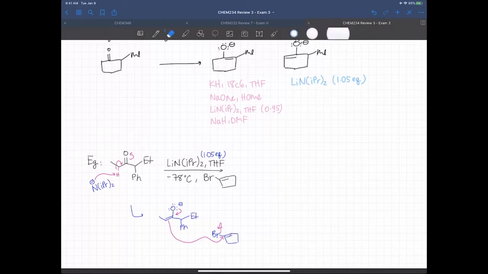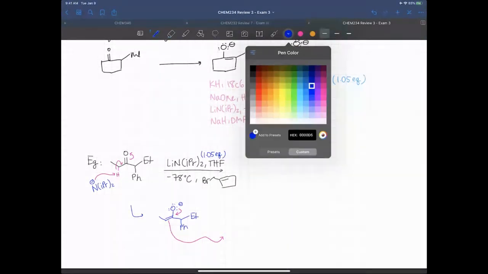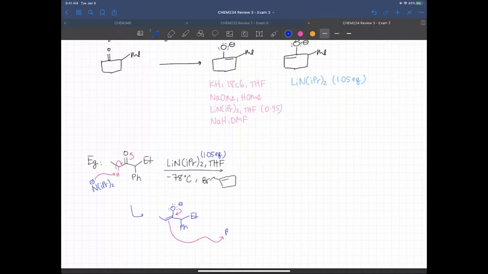Right. Also, sorry, I'm missing a carbon here. That's why it doesn't seem right. No, we are correct. So we get our product from there, which is this product here.